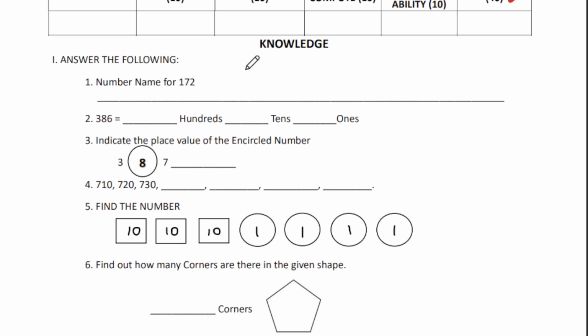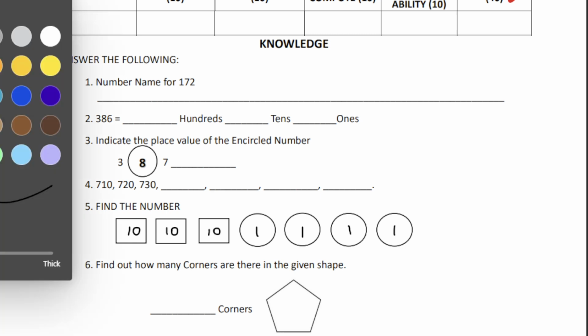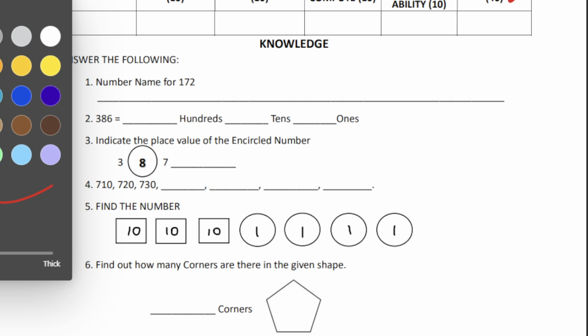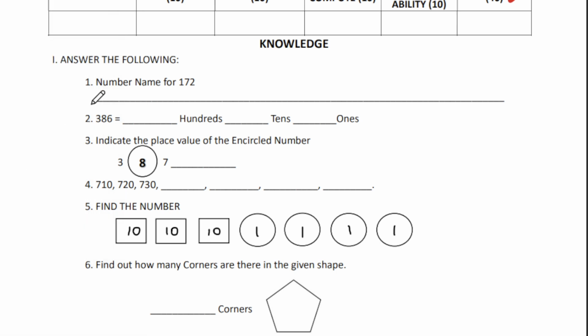Well. Okay. First, number name for 172. So you have to write the number name for 172. So write it very neatly, students. So 100 and 72.